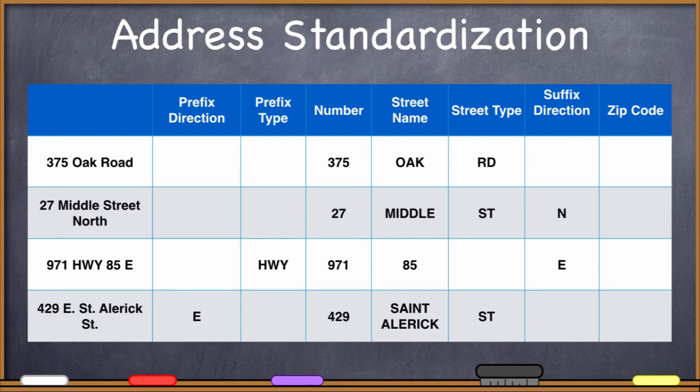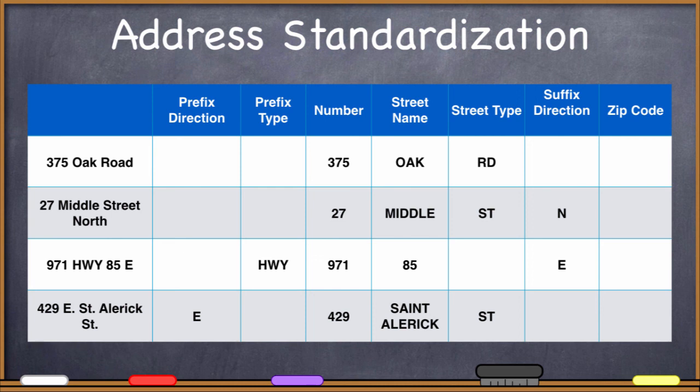So I would like for you to take note of a couple of other things here. First of all, note that in addition to chopping this up like this, all of the text was converted to uppercase. And that's important because, as we said, computers can be extremely literal, and sometimes they don't recognize uppercase and lowercase letters being the same, depending on what kind of database matching you're using.